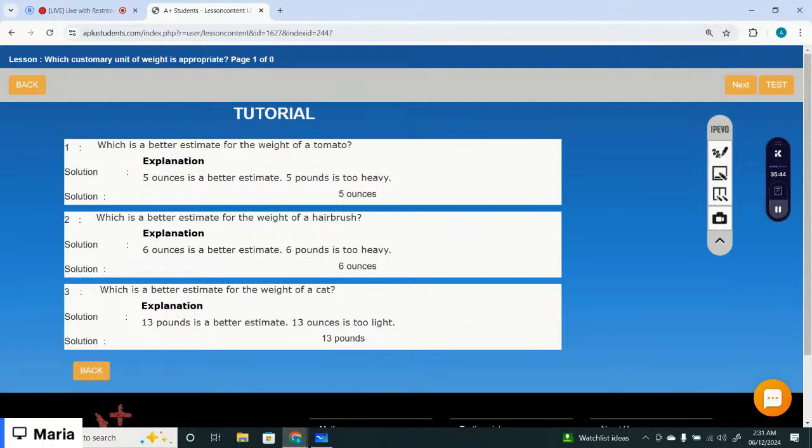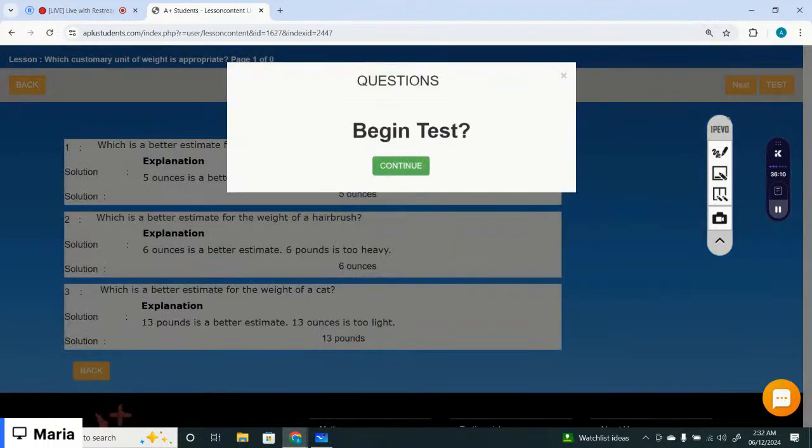Which is a better estimate for the weight of a cat? So, which is the correct option? That is 13 pounds. 13 ounces is too light for the weight of a cat. Let's just start with the test questions.